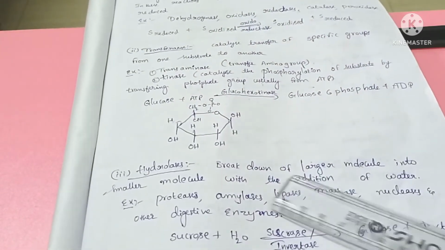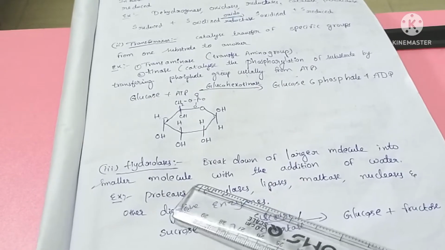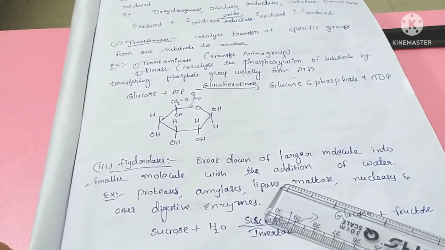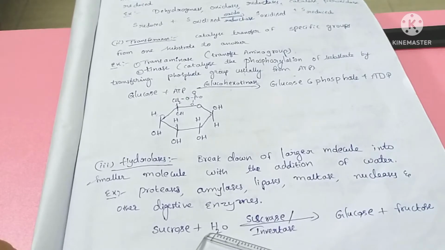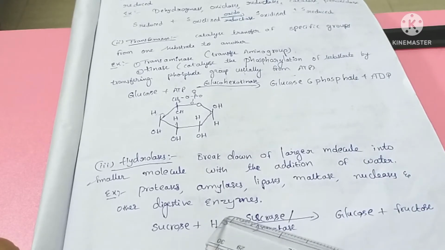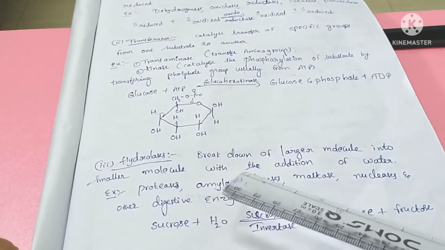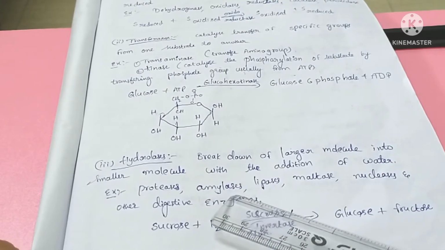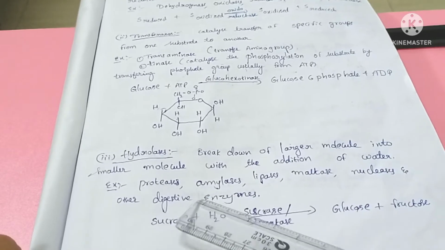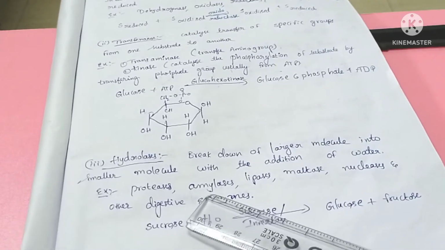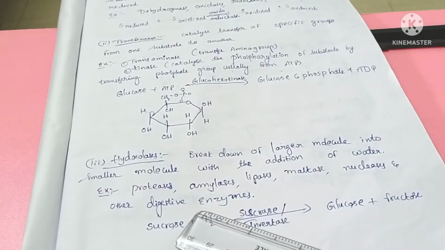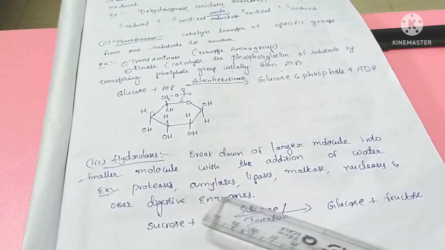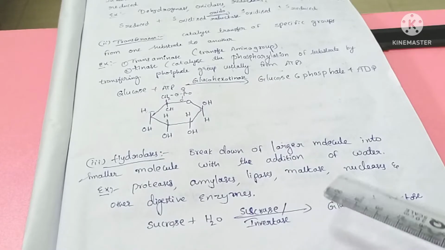The next one is hydrolases. What is the function of these hydrolases? They break down large molecules into smaller molecules by the addition of water. By using water, they break down complex substrates into simpler ones. Almost all the digestive enzymes come under this, like protease, amylase, lipase, maltase, nuclease.